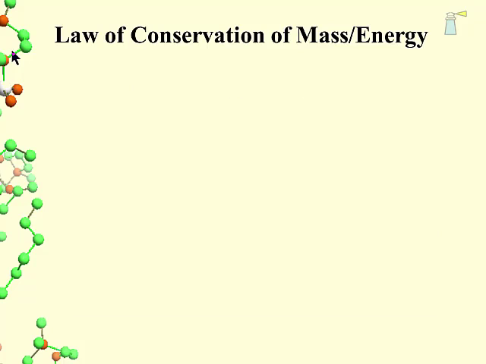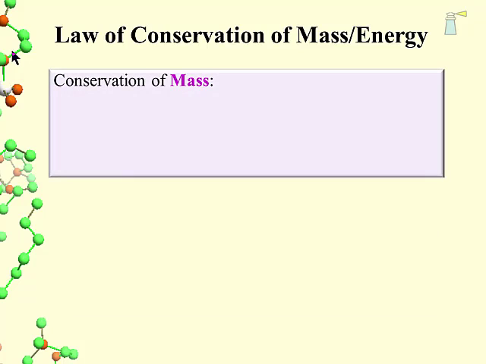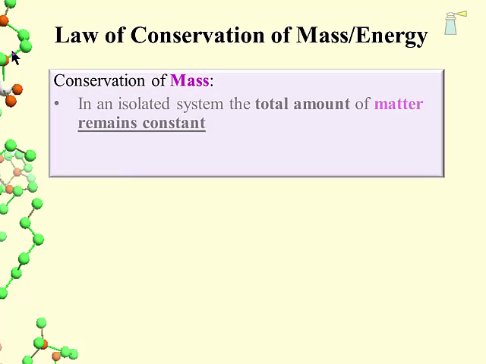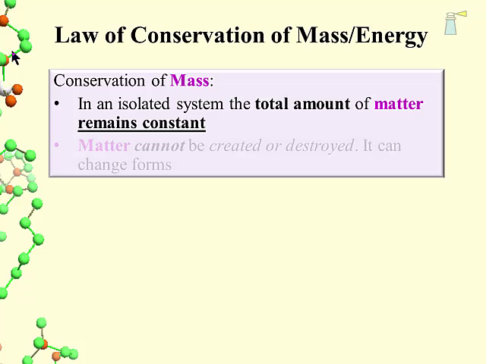On to the law of conservation of mass and energy. First, to the conservation of mass. In an isolated system, the total amount of matter remains constant. Isolated is a situation where nothing can enter or leave. Another way of stating the law of conservation of mass is matter cannot be created or destroyed.